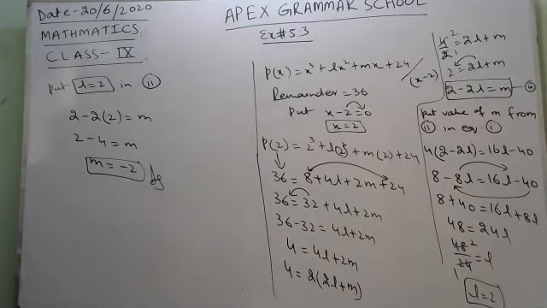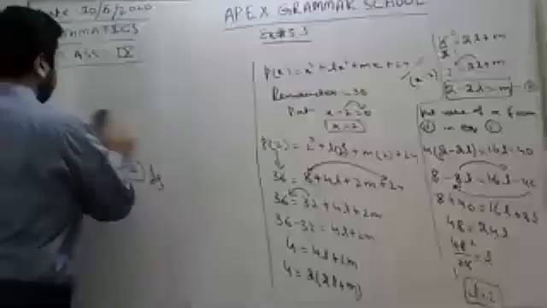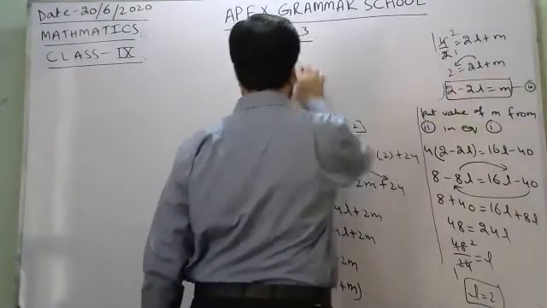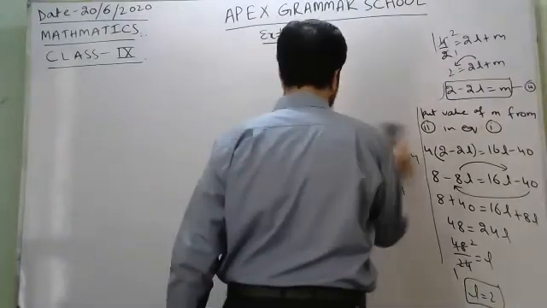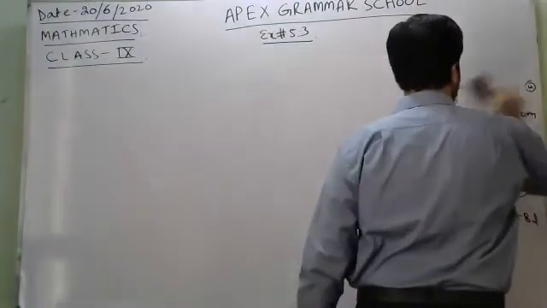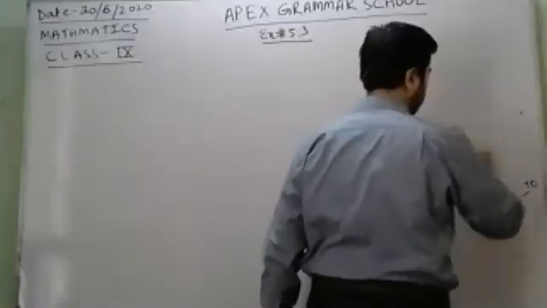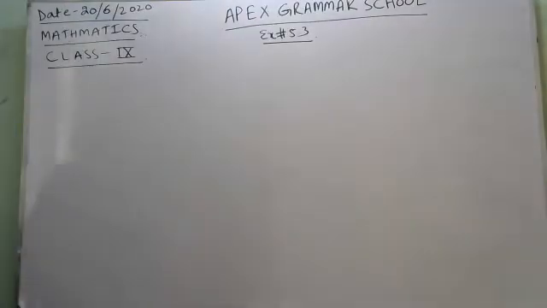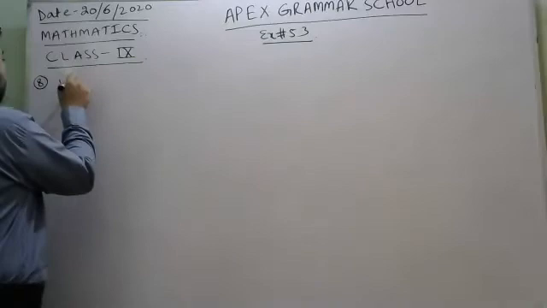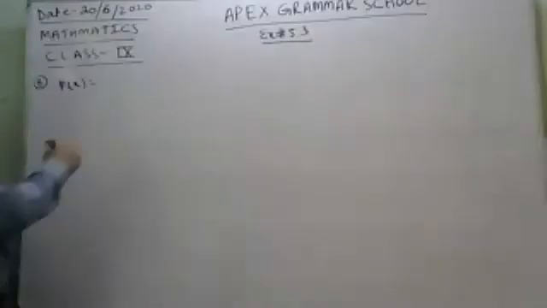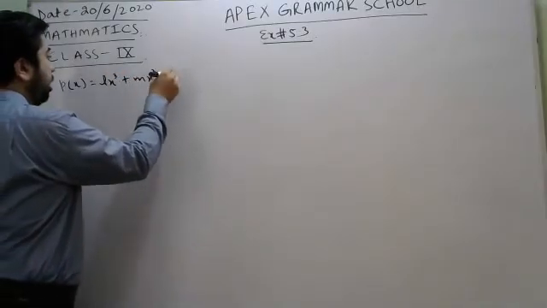For question number 8, we have one polynomial, p of x is equal to Lx cube plus Mx square minus 4.